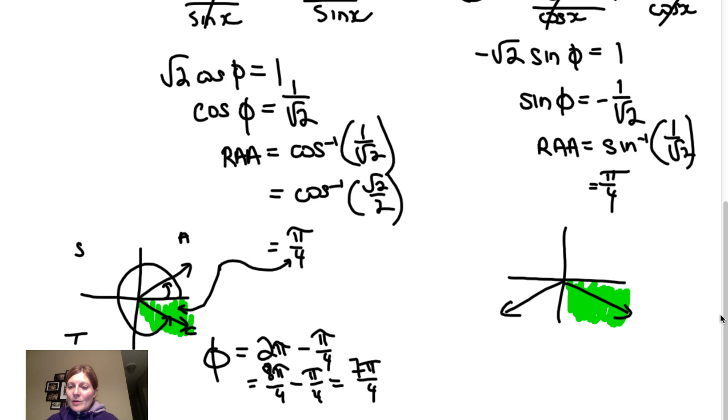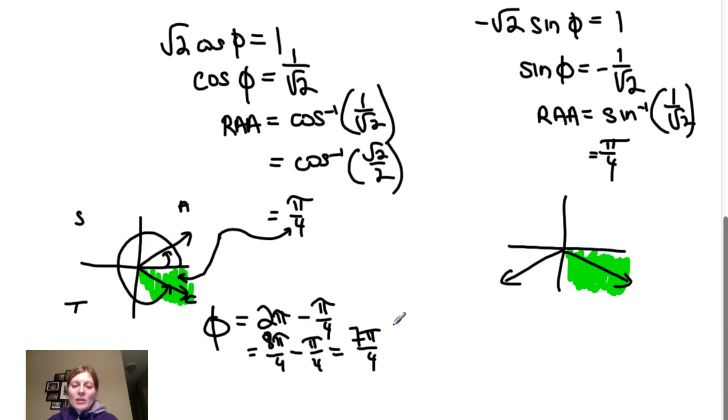Okay, so the other way we can also look at that is we could say, oh, instead of going all the way around my circle in the positive direction, I could go in the negative direction, and I could say that phi is also equal to negative pi on 4 if I go in the negative direction.